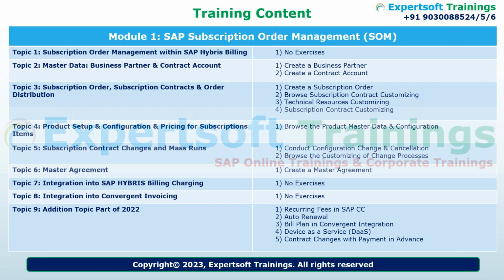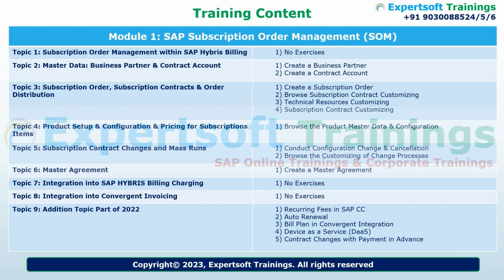There are various additional topics which support your subscription management: master agreement, and integration with the IBRIS billing charging system. When I say integration with Convergent Charging, are we still calling this IBRIS billing? No. The naming has changed from 2018 onwards.